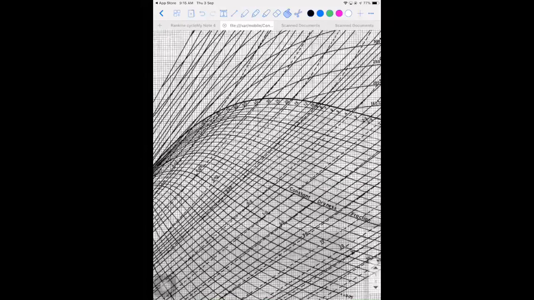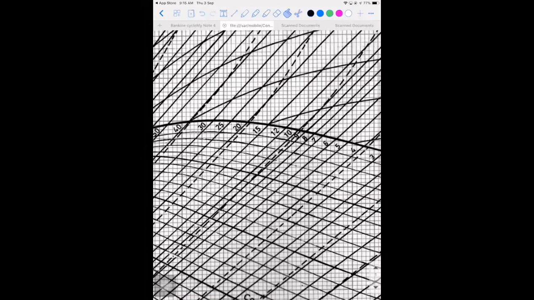Yes, sir. Now this is the 15 bar line. I'm highlighting this 15 bar line. And now this is the intersection point.